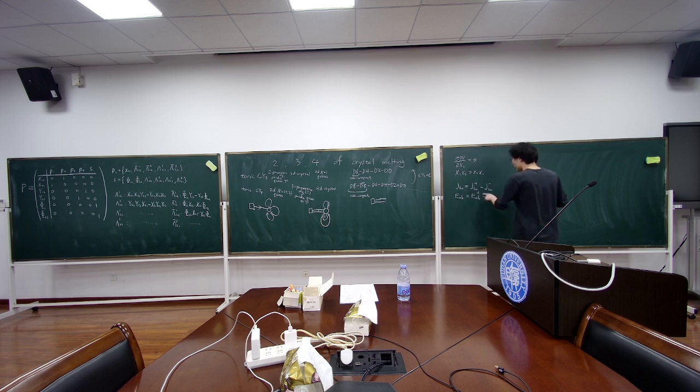Here J_AB plus minus and E_AB plus minus are just monomials of the chirals.